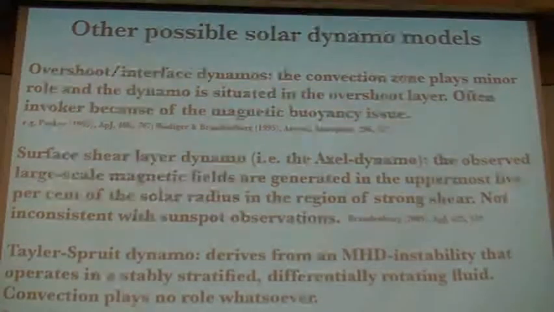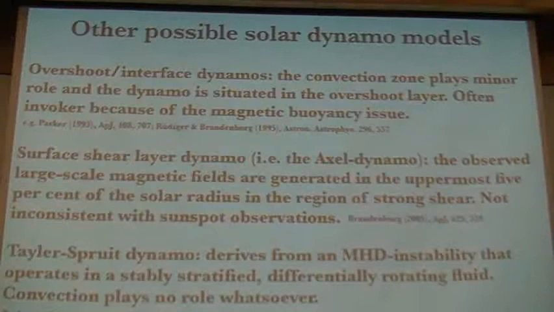And then as the spots get older, they are seated at a higher level, which rotates slower. But as I said, there hasn't really been a full solar dynamo model based on this effect as of yet.